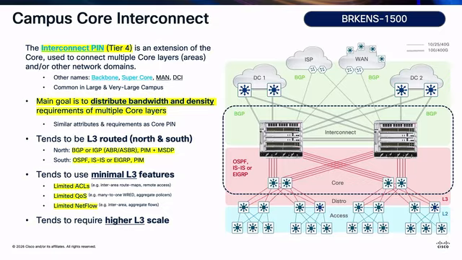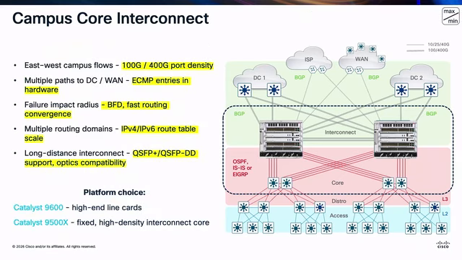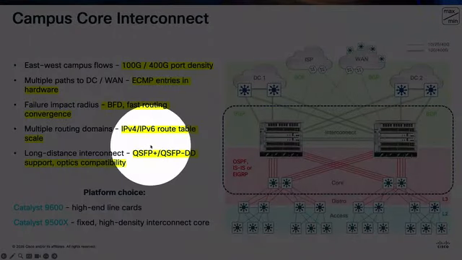For the campus interconnect, where our task is to connect multiple core layers or multiple distribution layers behind them, and we have to distribute the density on other speed, then it's 100 and 400 gig port density, ECMP at the very basic level, or maybe more sophisticated feature support.